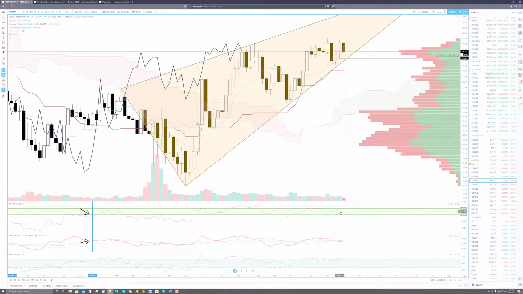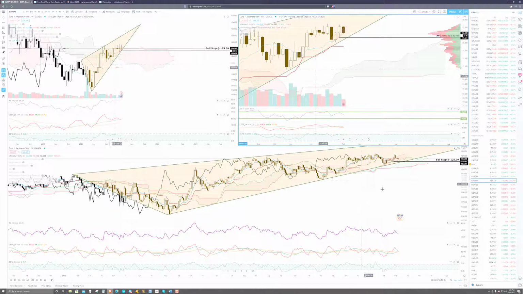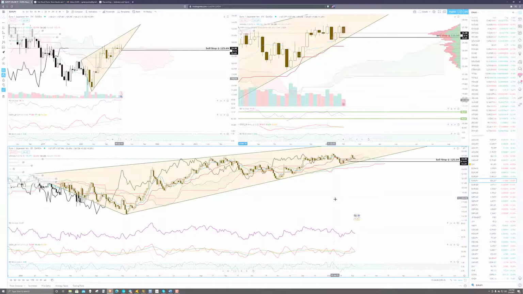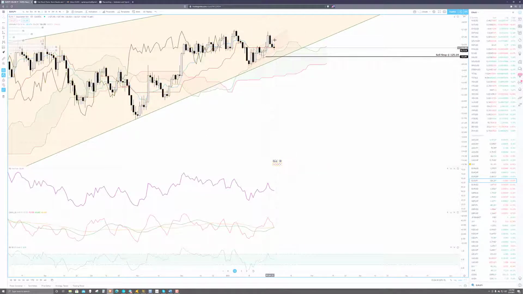But we're still finding some support at 55 with the RSI. That's pretty telling. But as we look at the daily chart, there's a lot of stuff here that looks pretty bearish in the short term.